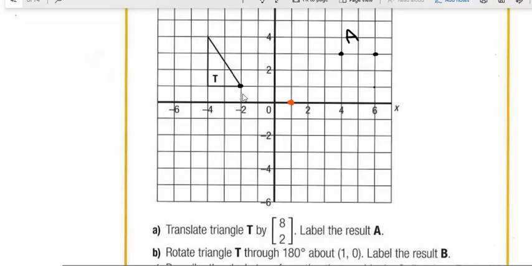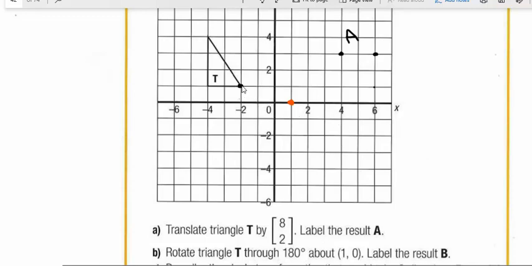To do this, it's better to use tracing paper, or we can do it like this. Since it's 180 degrees, direction doesn't matter. If we go clockwise or anti-clockwise, we will go to the same position. That's why whenever rotation is 180 degrees, the direction will not be mentioned, only the center.